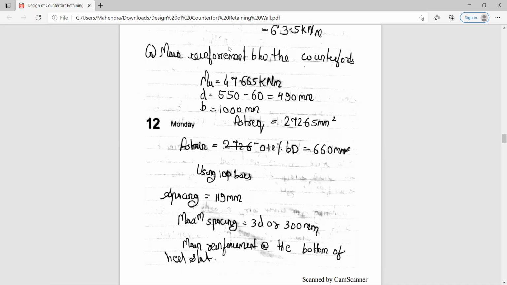Then we shall proceed to the main reinforcement at the counterfort. What have we calculated now? The main reinforcement between the counterfort. After completing this, we will do the main reinforcement at the counterfort. I hope everyone understood how to calculate the spacing, and if you have any doubts you can ask.